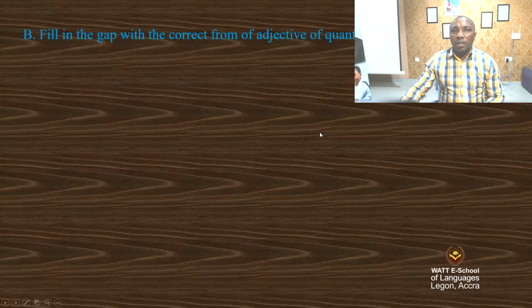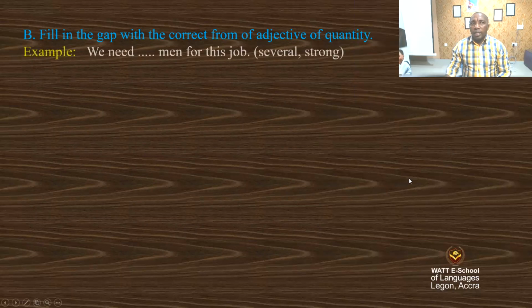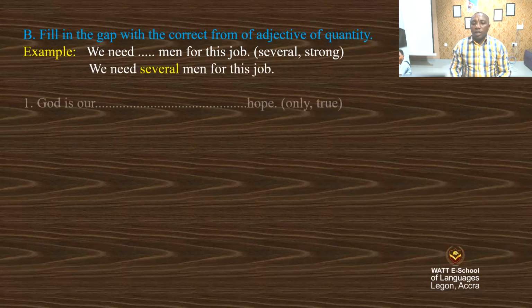Let's continue for the next activity. In the next activity, that's activity B, we are going to use the adjective for quantity. Example, we need men for this job. We need several men for this job. God is our hope.